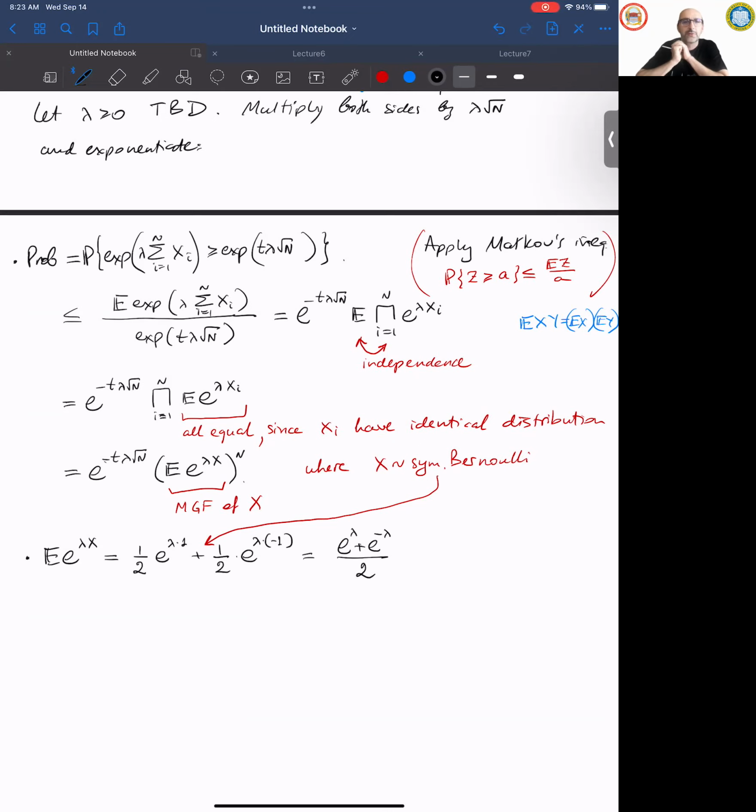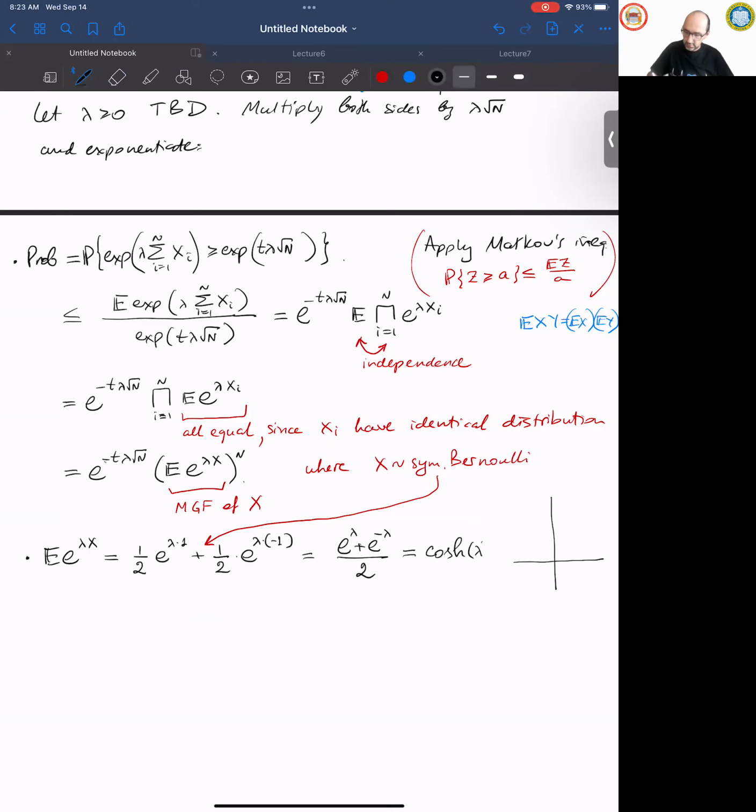And this thing also has a name in mathematics. What is it? It's lesser known. It's one of the hyperbolic functions. It's called hyperbolic cosine. It's a hyperbolic cosine of lambda, yes.